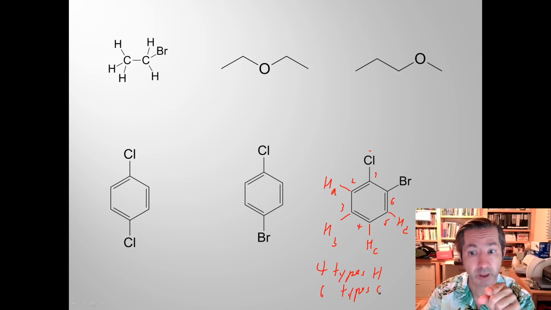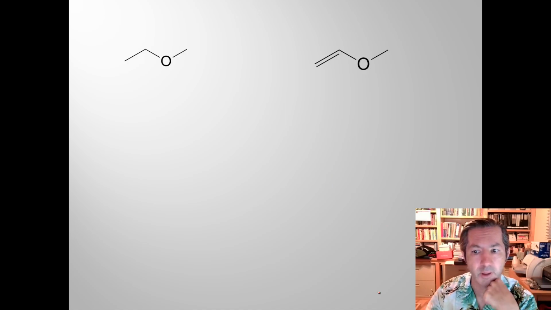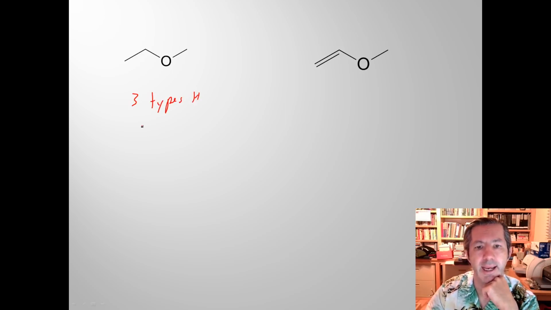So number of signals is important. Let's look at a couple other examples. A couple more ethers. And so in this case we've got how many types of hydrogen? That's right, 3 types of hydrogen and 3 types of carbon. So there's your 1, 2, 3 types of carbon.